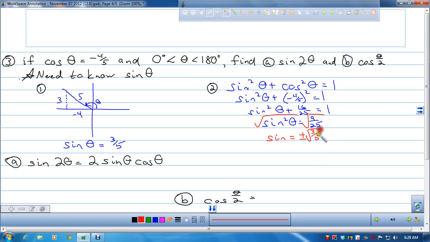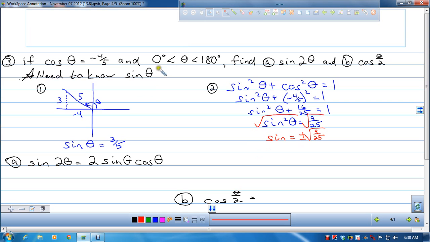Or no, let's just leave that in there for now. What I want to identify now is, is this going to be positive or negative? I kind of skipped a step that I didn't want to, so let's leave that as 9/25. Is it going to be positive or negative?